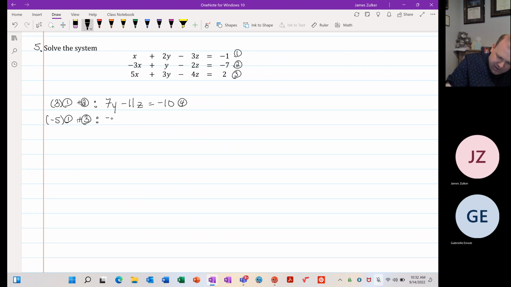Negative 10 plus 3 is negative 7y. 15 minus 4 is 11, plus 11z. 5 plus 2 is 7. And we'll call that equation 5.